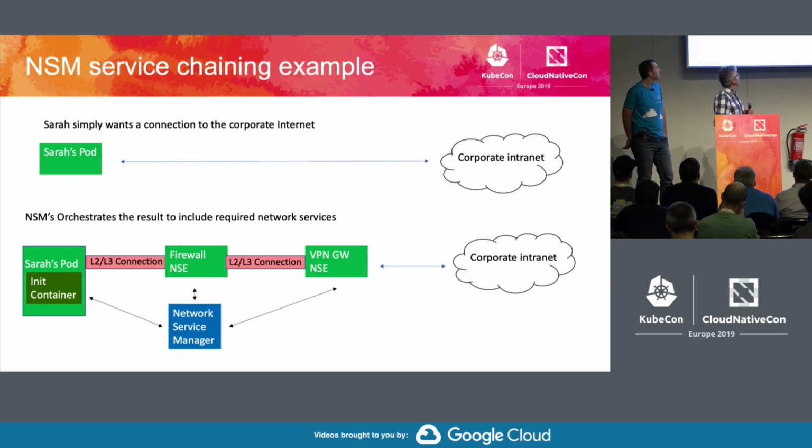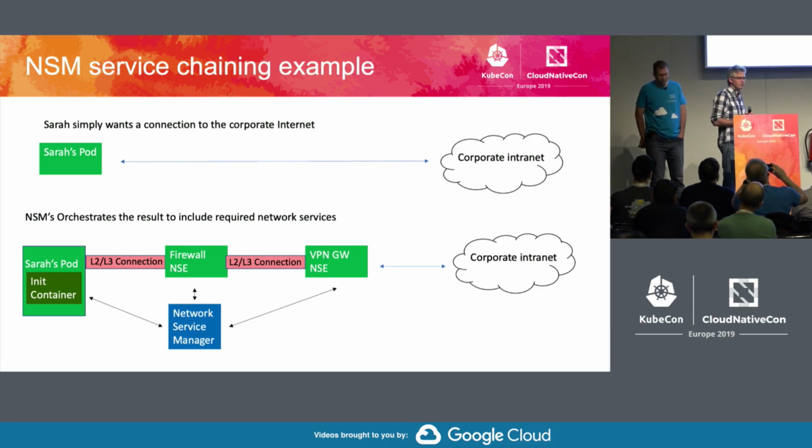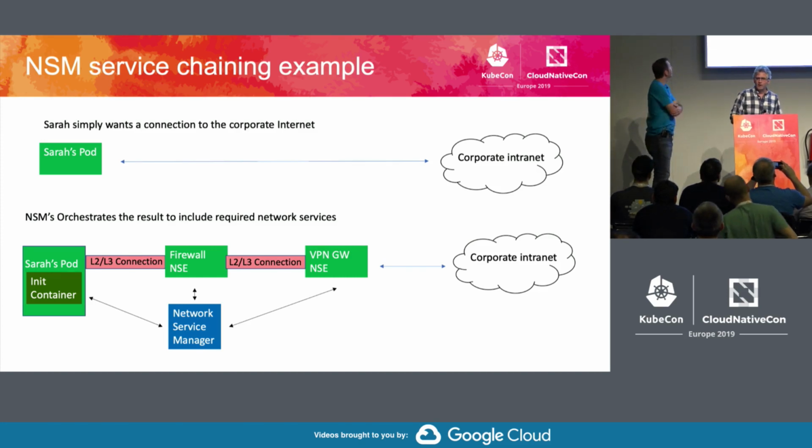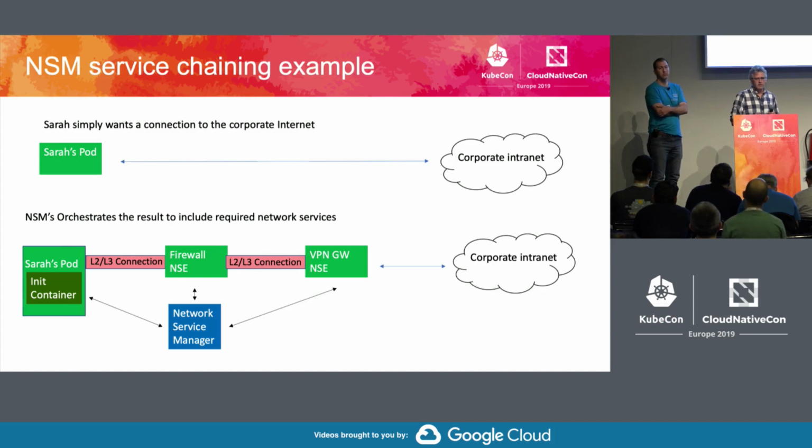So this is just a quick example of what might happen, again, using some of the network service mesh language. The idea is that a user called Sarah might need a connection to the corporate internet, and she doesn't want to be too bothered with what kind of constraints or requirements that connection has, but she has a network admin and a security admin and other constraints that will be imposed on her, and those constraints can be imposed through configuration and annotations in Kubernetes, so she doesn't have to be aware of them.